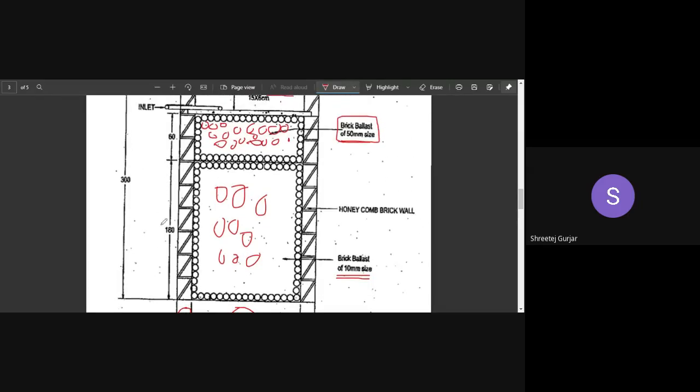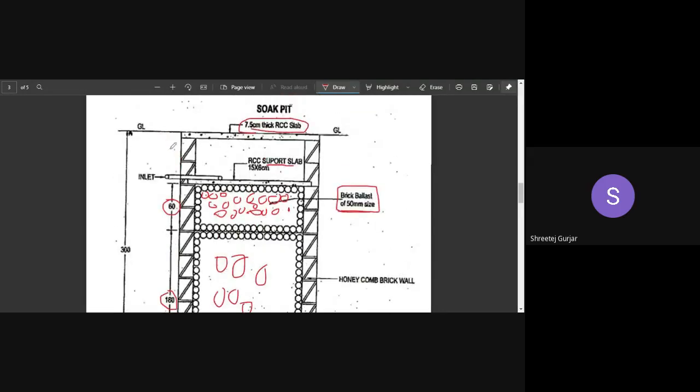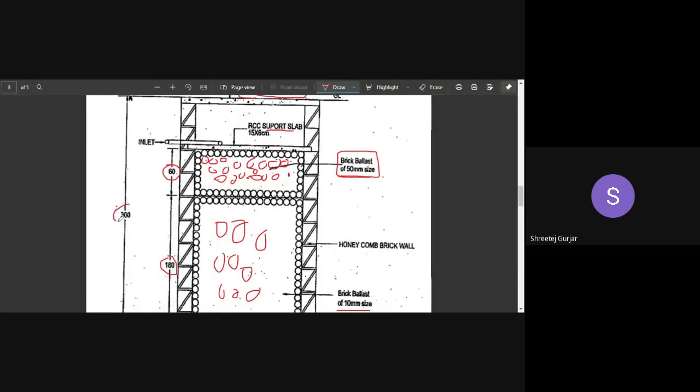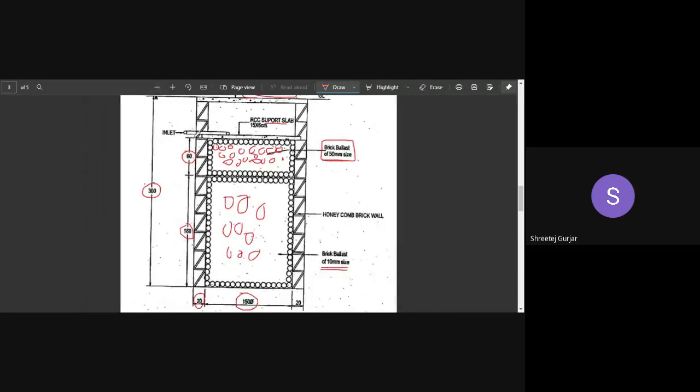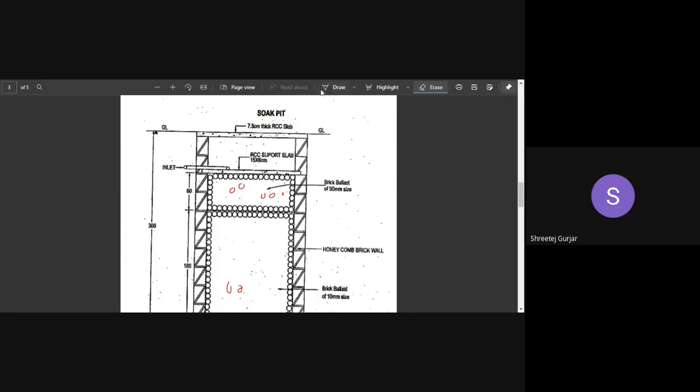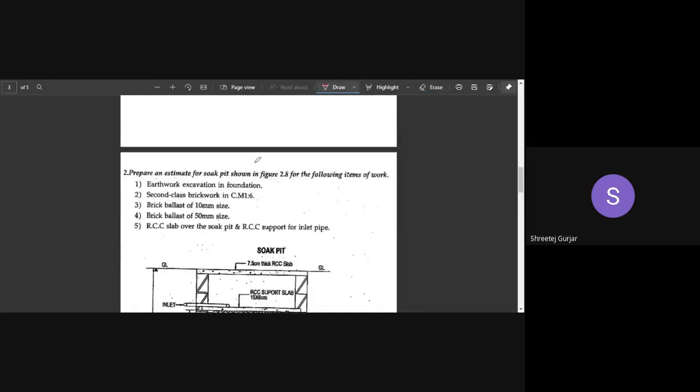This layer height is 180, this layer height is 60, and the overall depth of your soak pit is 300 mm. Next, we'll look into what all we need to calculate. Let us look into the question statement.